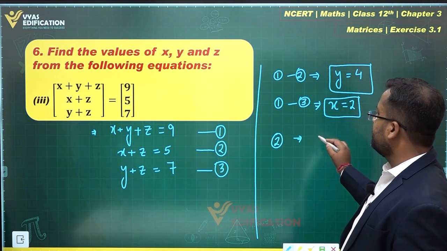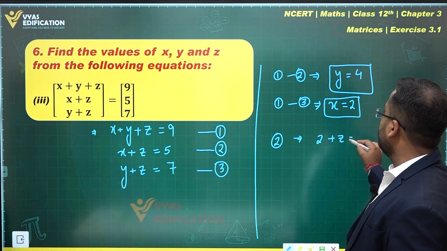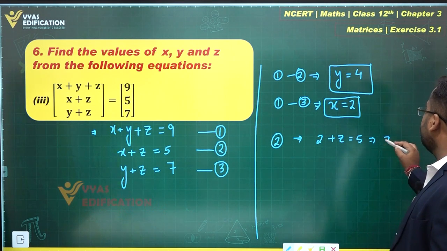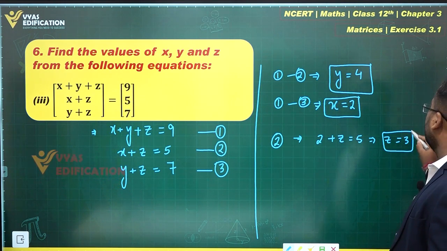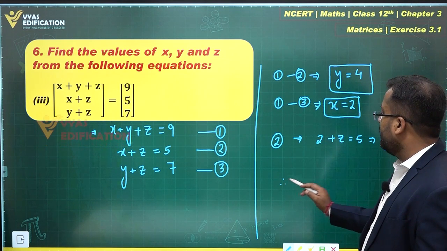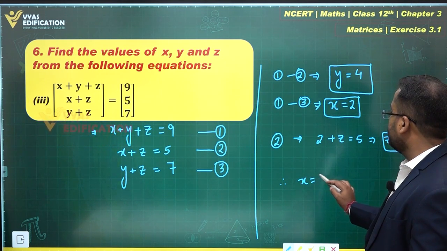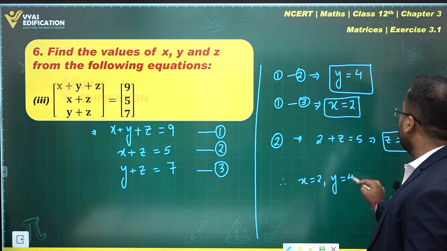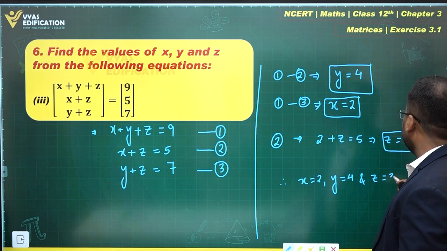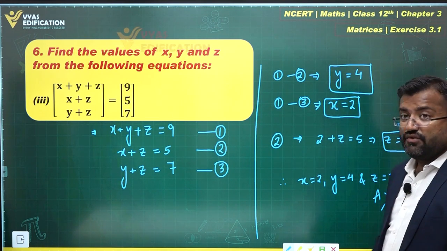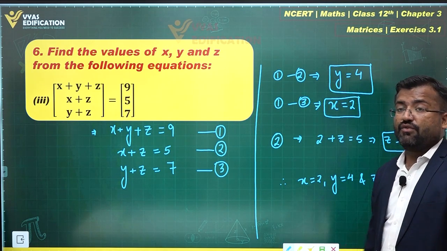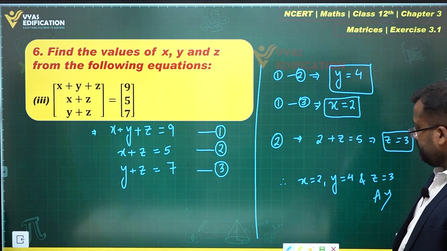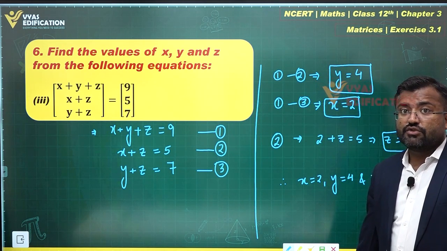Equation 2 gives me x, 2 plus z equals 5, implies z equals 3. Right? That's what we have. Therefore, x equals 2, y equals 4 and z equals 3 is my final answer for this question, as you can observe clearly over here. Okay? That is all in this question for us.